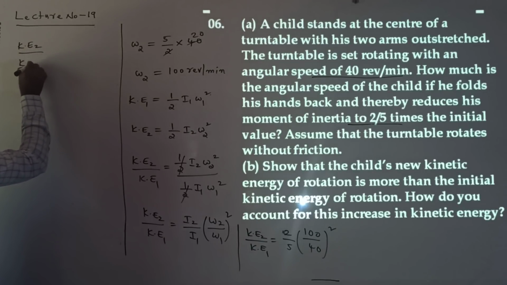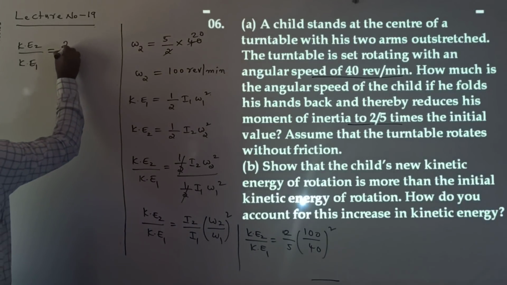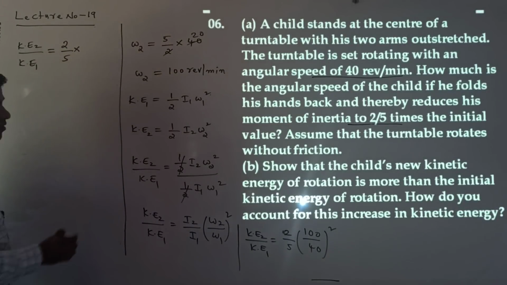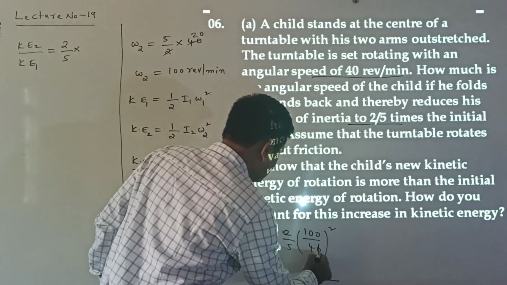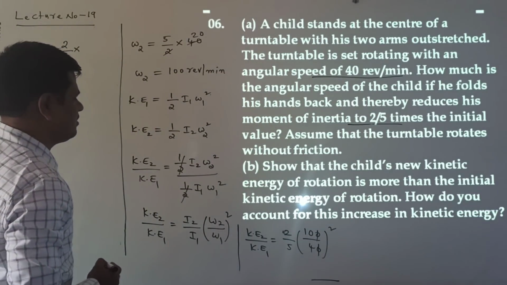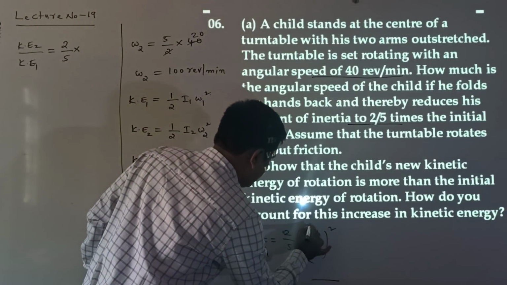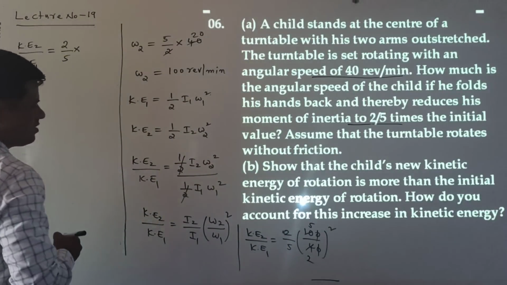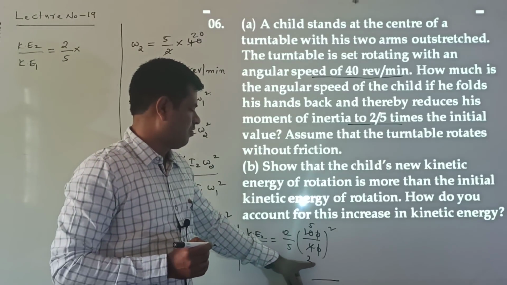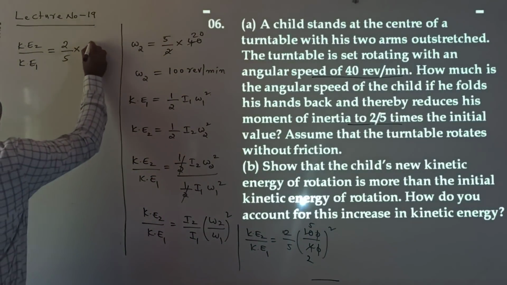Now kinetic energy 2 by kinetic energy 1 is equal to 2 by 5 into, the zero cancels here, that is 10 by 4. 10 by 4 means 2 twos are 4, 2 fives are 10, that is 5 by 2 whole square.